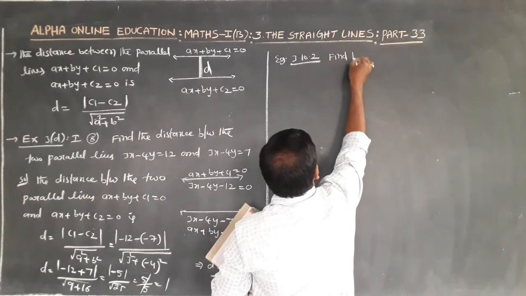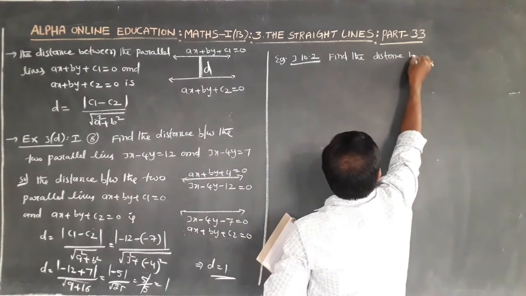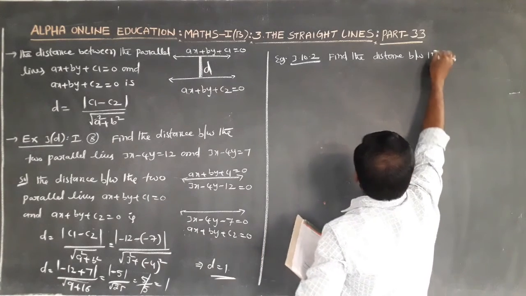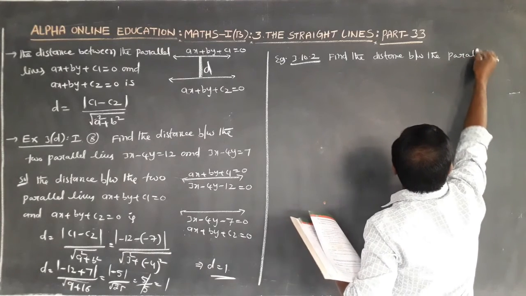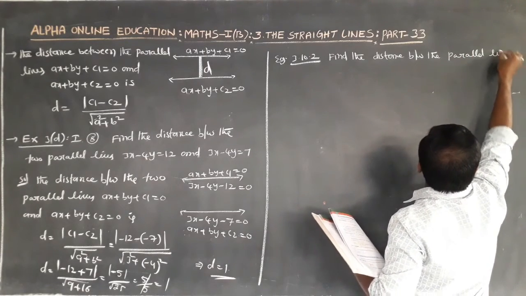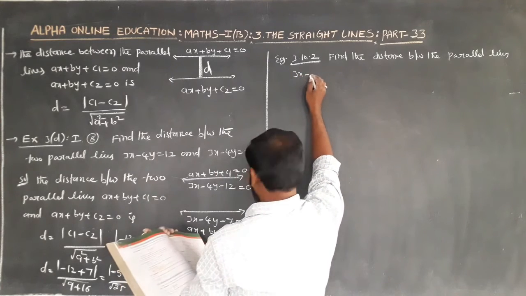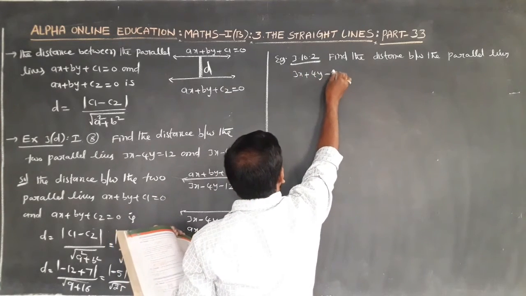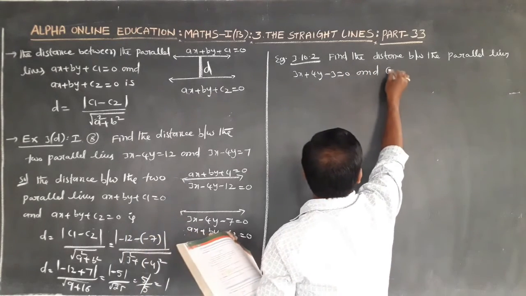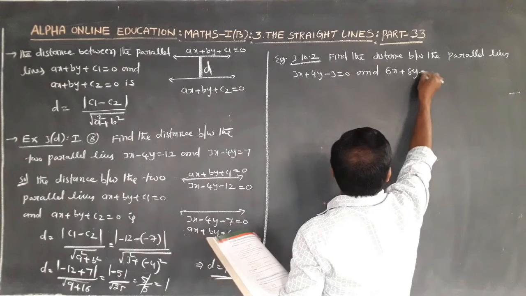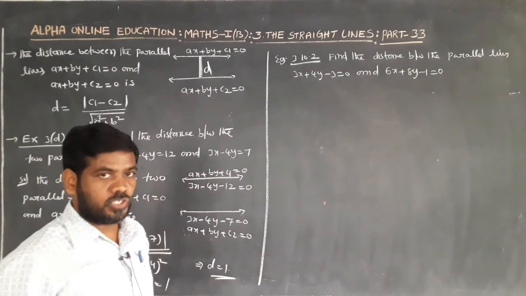Find the distance between the parallel lines 3x + 4y minus 3 = 0 and 6x + 8y minus 1 = 0.